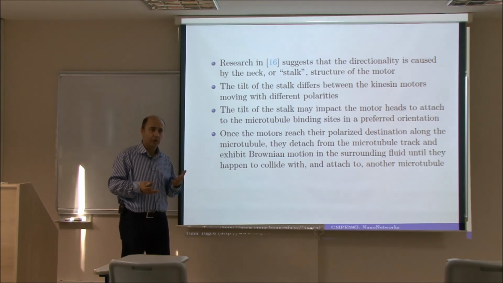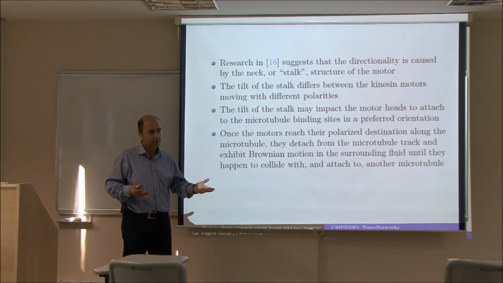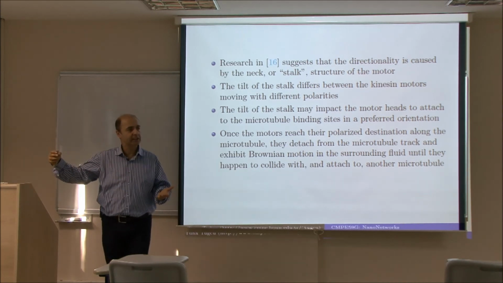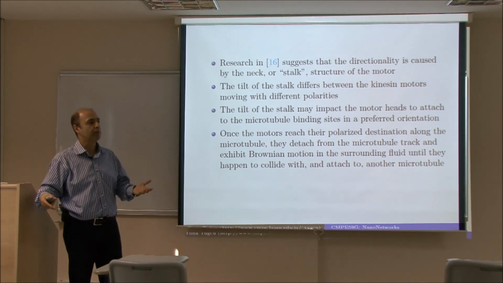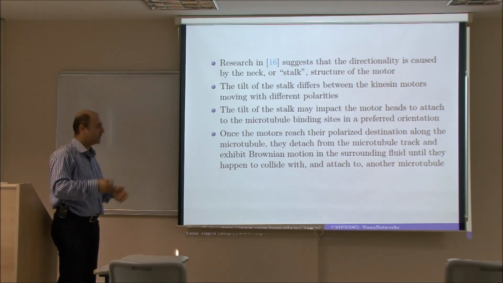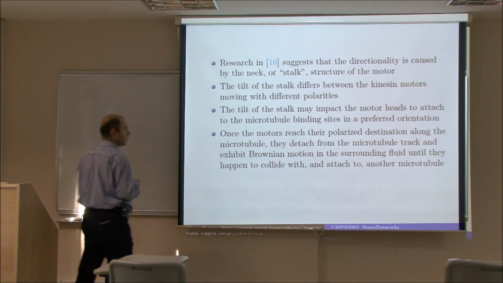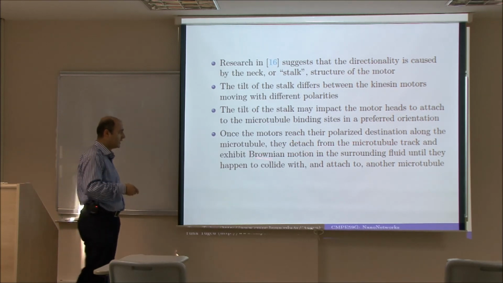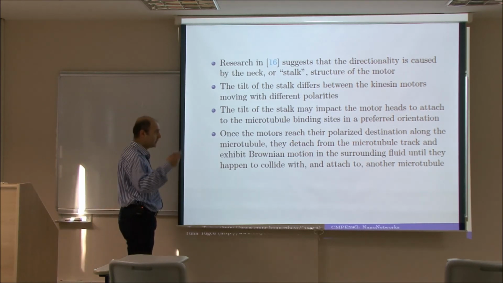And after that, the motor also gets detached from the rail so that it floats with Brownian motion and hopefully attaches in a good position to the microtubule once again and carries some other load.